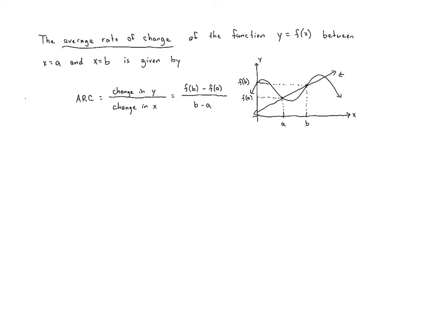We have a name for a line like that. It's called a secant line. A line that goes through 2 points on a graph is called a secant line. And so what we're dealing with here is the rise over the run of that secant line.